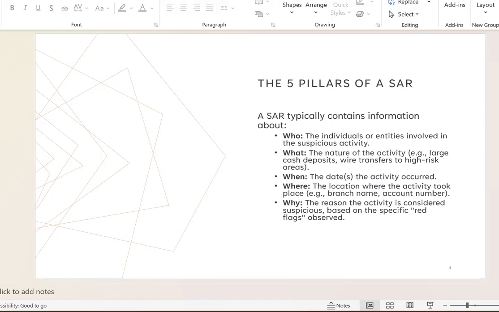The five pillars of the SAR. What are the key five pillars, and what should be included in the SAR document? It typically contains information as a 5W analysis. Let's first take the who.